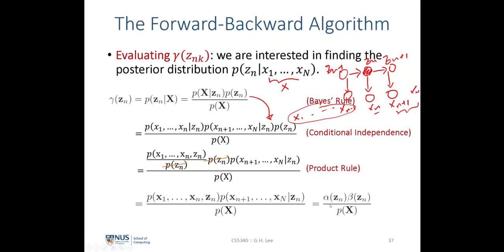And this would be divided by the normalizer, which is the joint probability of all the observed random variables. In this case, this is actually a scalar number. We can evaluate this to be a scalar number. It's just one division over the scalar number. Now we'll proceed to look at how to compute alpha and beta.